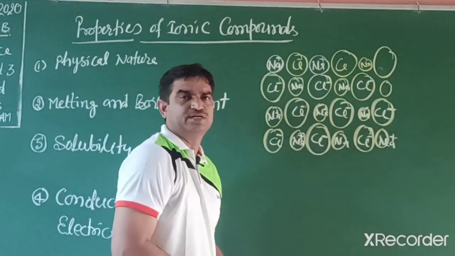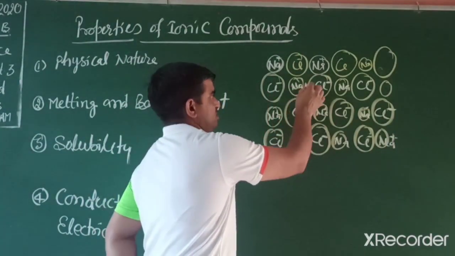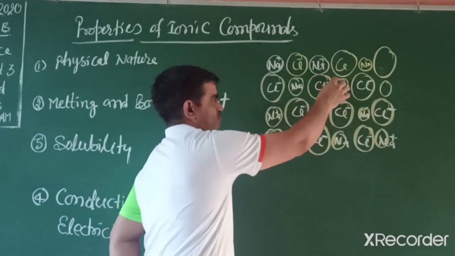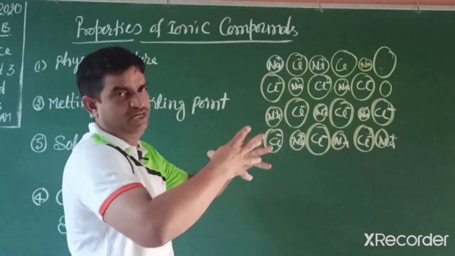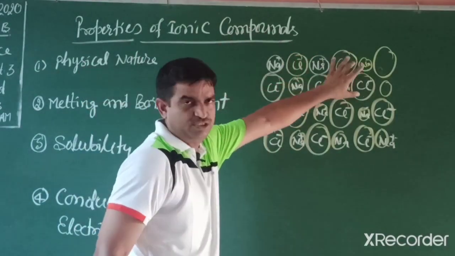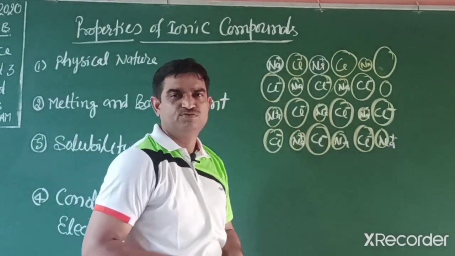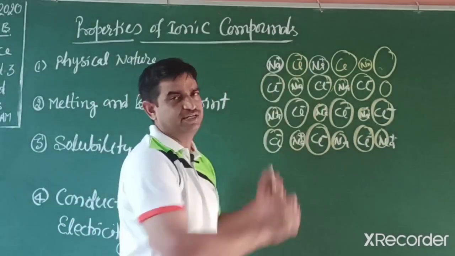In this structure, one sodium ion is surrounded by chloride ions, and each chloride ion is surrounded by sodium ions. In detail, we will study this in 12th class, but they found it like this.